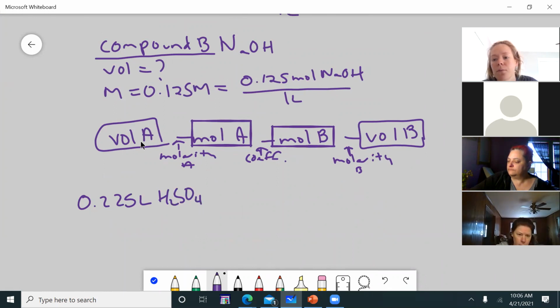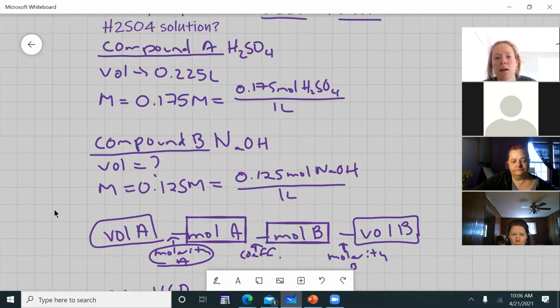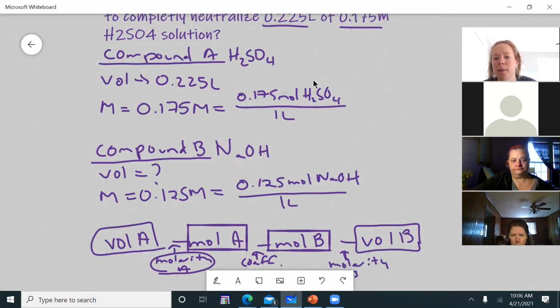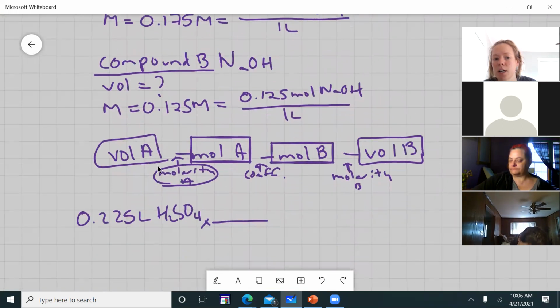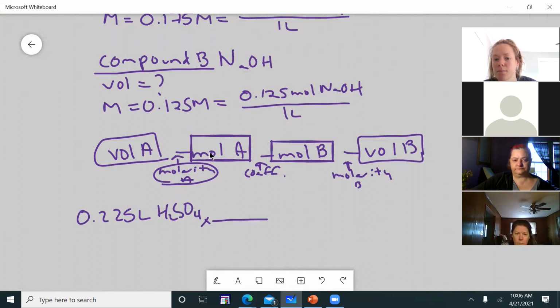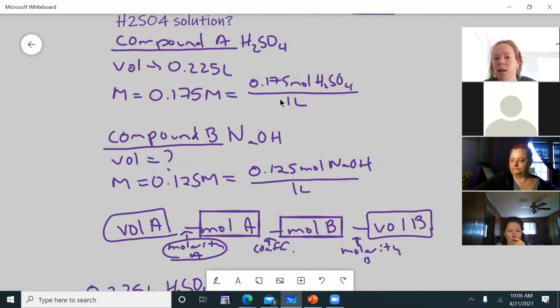So if I want to go from volume of A into moles of A, I need to use the molarity of A as a conversion factor. Because of this setup here, I've already done that. Here is my conversion factor. I want liter to be on the bottom and mole to be on the top because I'm trying to get away from volume and into moles. So the way that this is written is perfect.